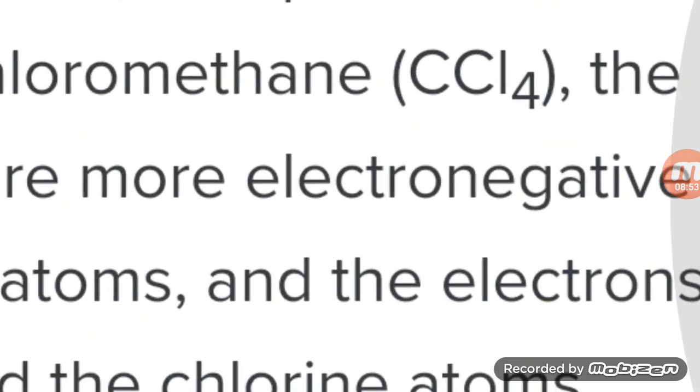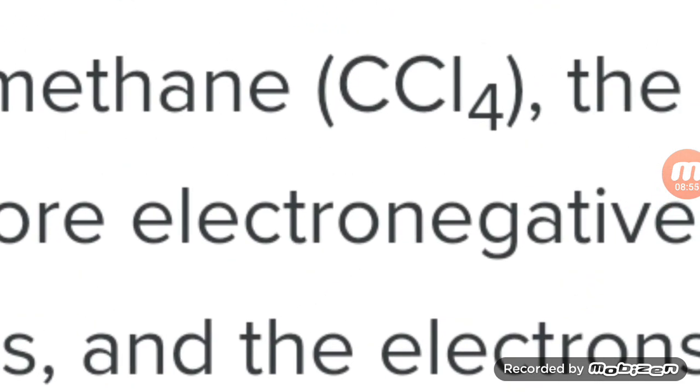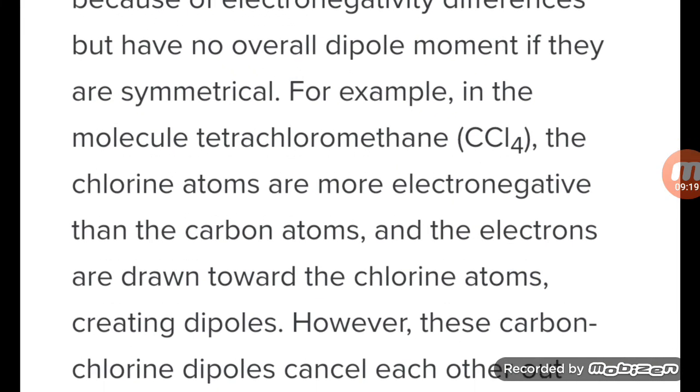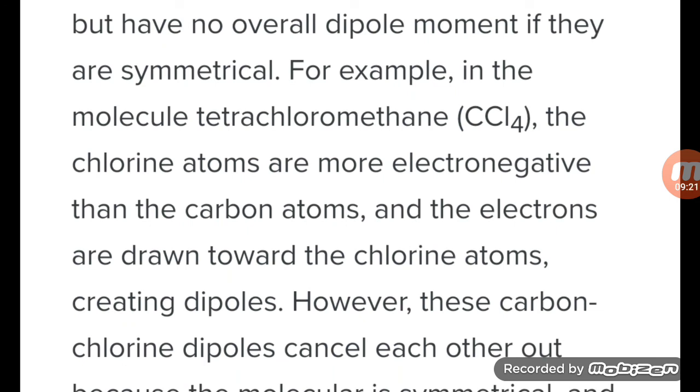Take CCl4, carbon tetrachloride. Carbon tetrachloride is a very symmetrical molecule. In maths you must have learned that forces equal in size but opposite in direction cancel each other out. In CCl4, the chlorine atoms are more electronegative than carbon, and the electrons are drawn toward chlorine.